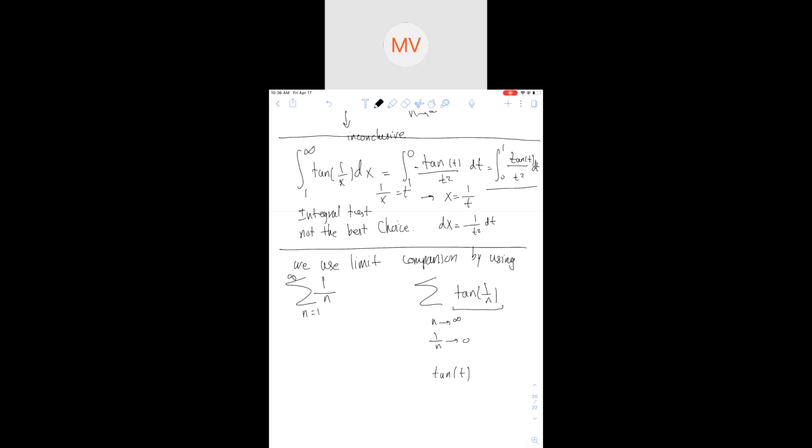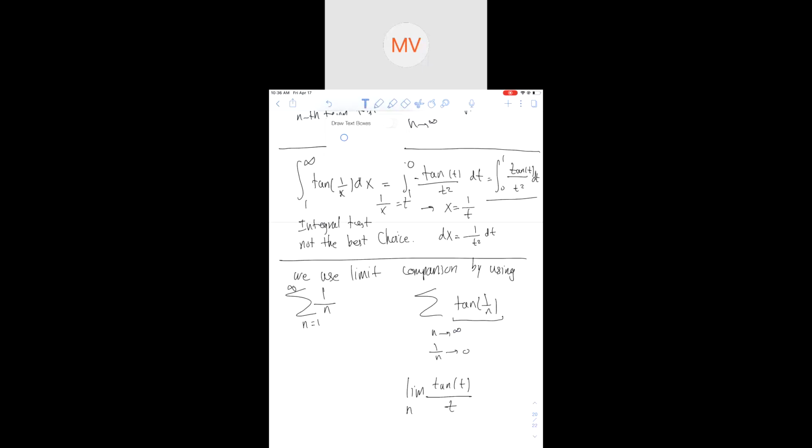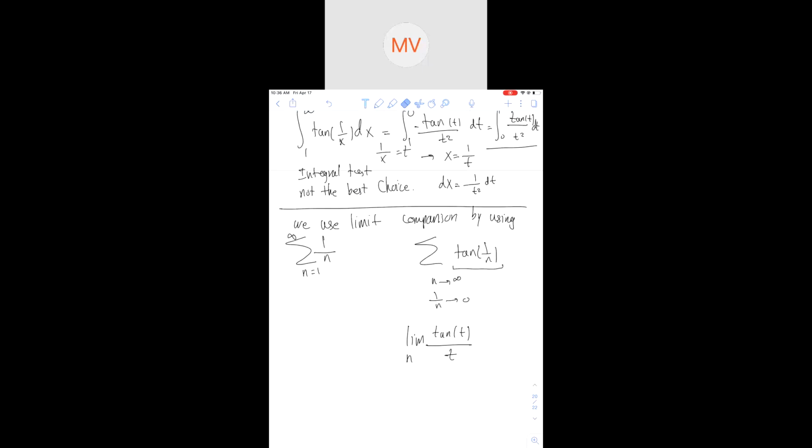I think we also did it when we were talking about L'Hopital's. So what I have in mind is this limit. What is that limit?